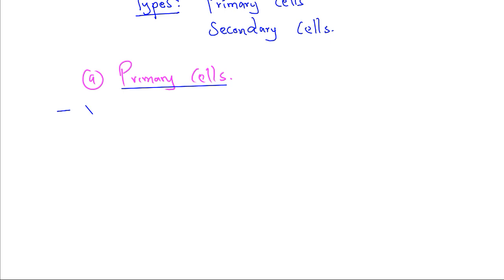Examples of such cells are dry cells, which are used in a wide range of electrical applications. An example of a dry cell is a Leclanché cell, which consists of the following.